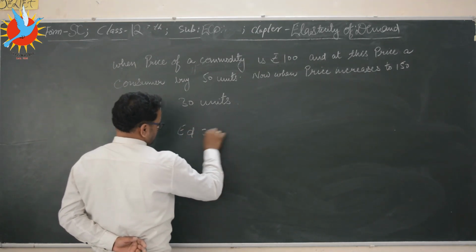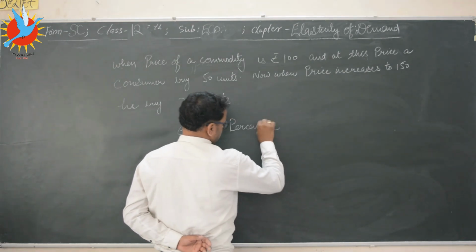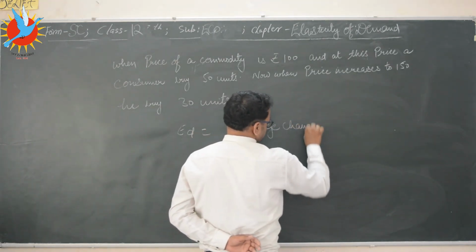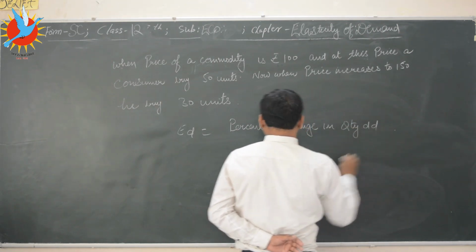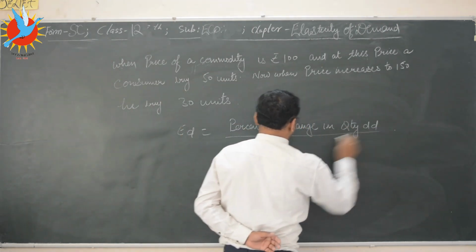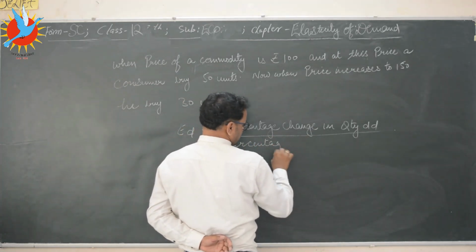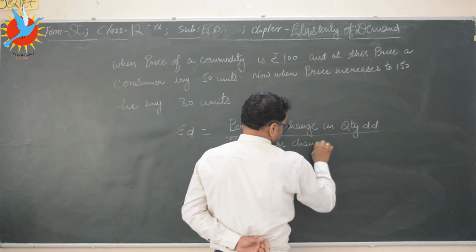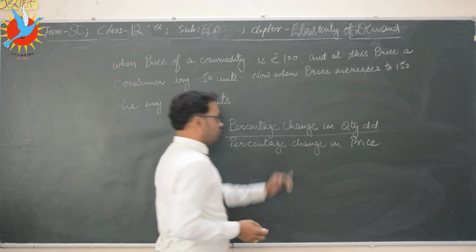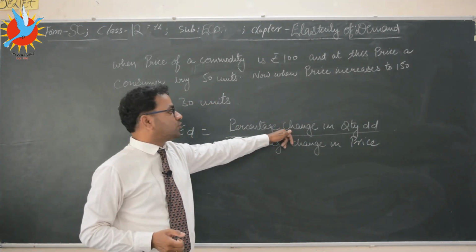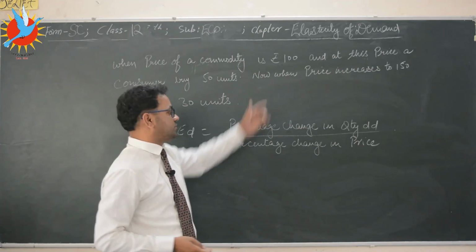Our formula was percentage change in quantity demanded divided by percentage change in price. So how do we calculate the percentage change in quantity demanded from this, and the percentage change in price from this?